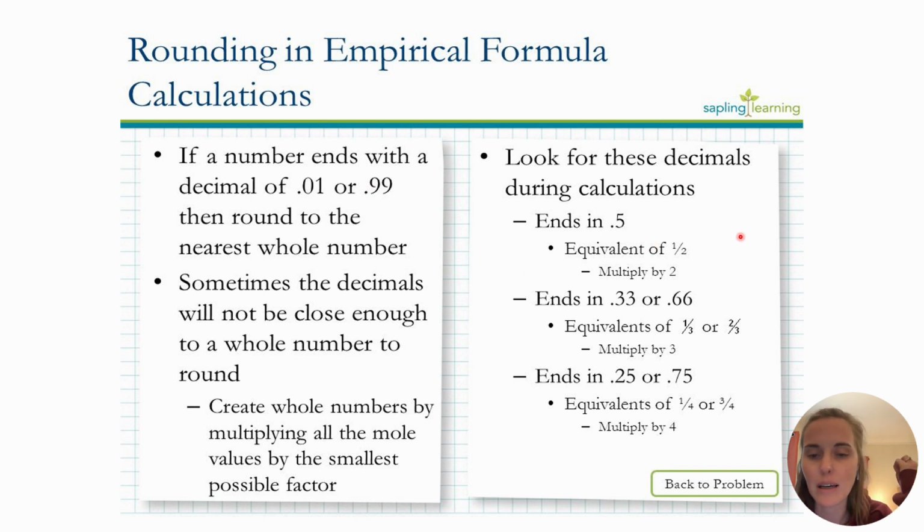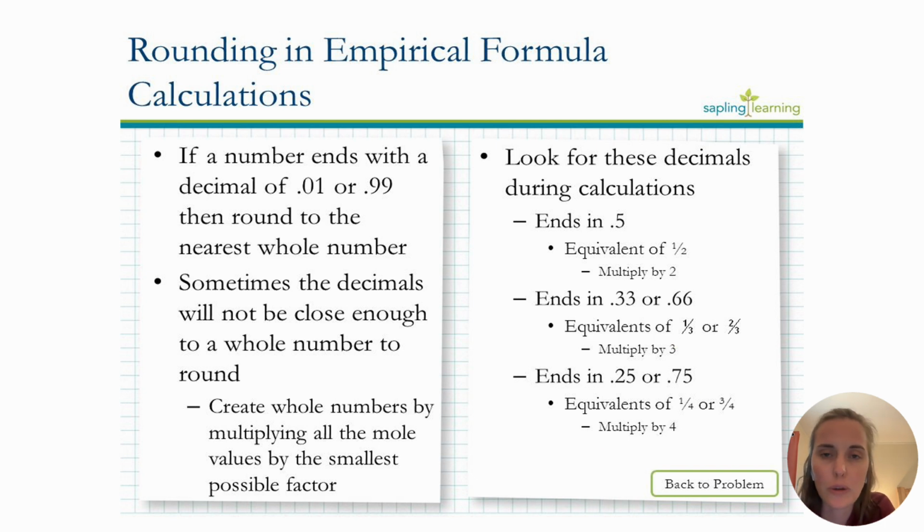And so if that's the case, you don't actually round unless it's like a 0.01 or 0.99, something very, very close. You would end up making it into a fraction and then multiplying by the denominator to then get your whole number. And you would do that to every single mole ratio that you found.